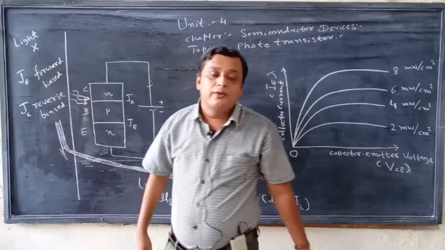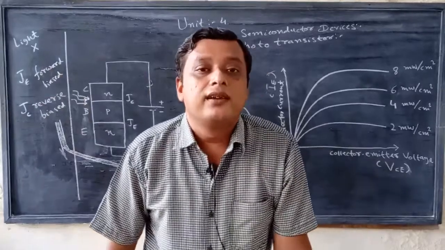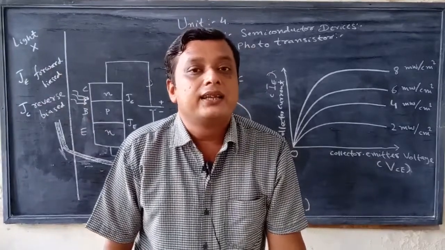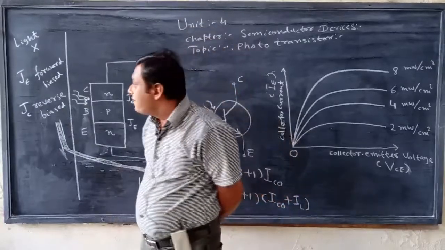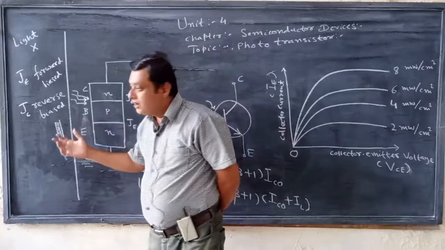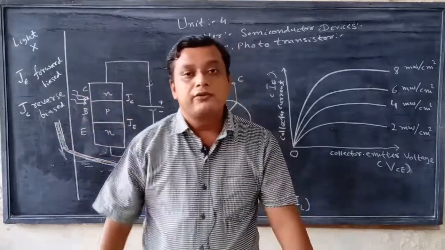We know that in an ordinary transistor, whenever a junction is in a forward region, it is said to be in a saturation state.